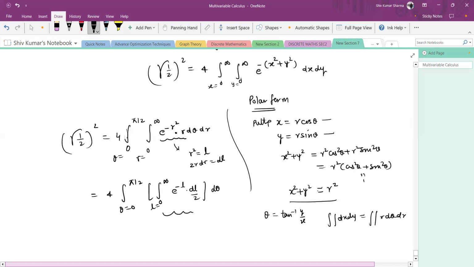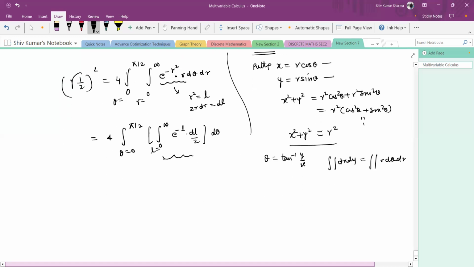First we solve this. We write this as 4 into the integral 0 to pi by 2 d theta. When we integrate, this gives minus e to the power minus L upon 2, from 0 to infinity.